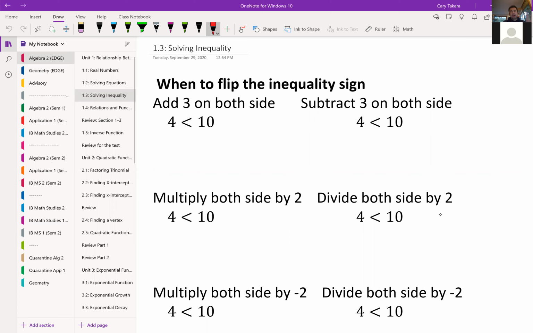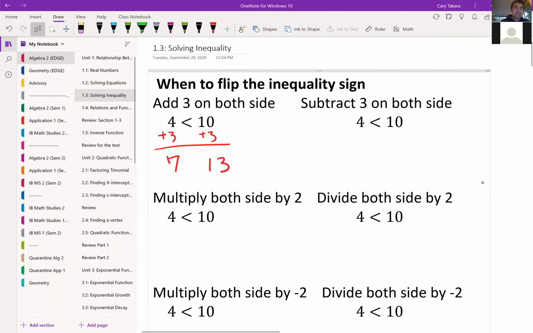So, you know how when you are solving an equation like 2x plus 5 equals 10, you have to subtract 5, or something like that, right? When you add or subtract, do you have to flip the inequality sign? Let's say you add 3 to 4 and 10: you get 7, and you get 13.